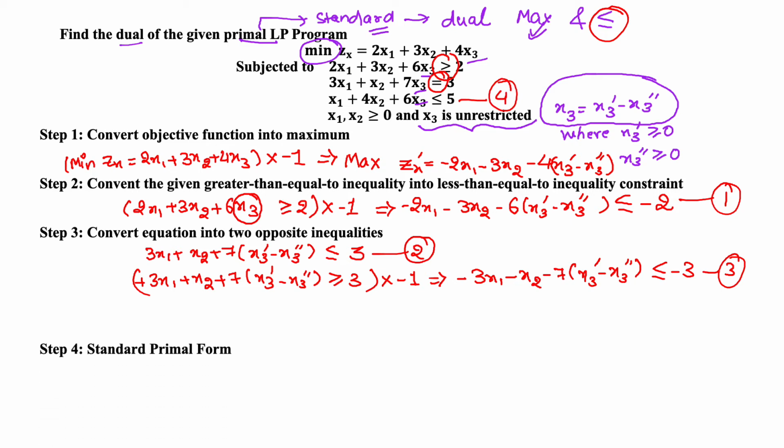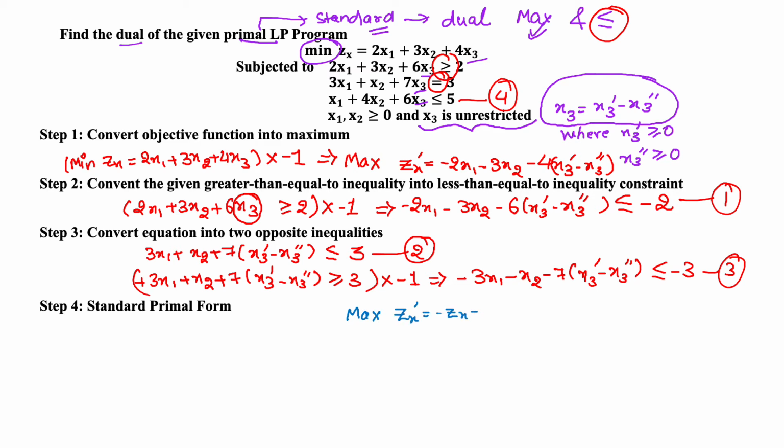So what is the next step? I will write the whole problem in standard form. My objective function is in maximization, which equals minus 2x1 minus 3x2 minus 4x3 dash plus 4x3 double dash. That's my objective function.